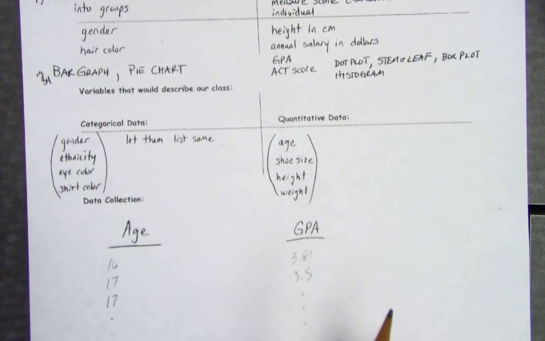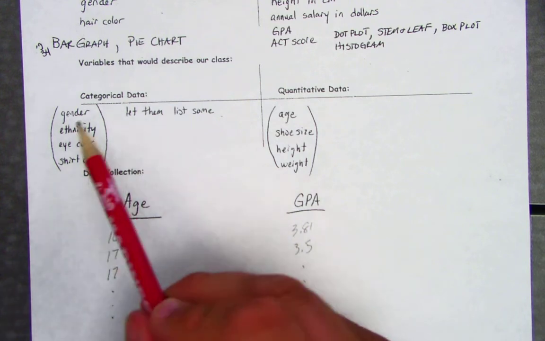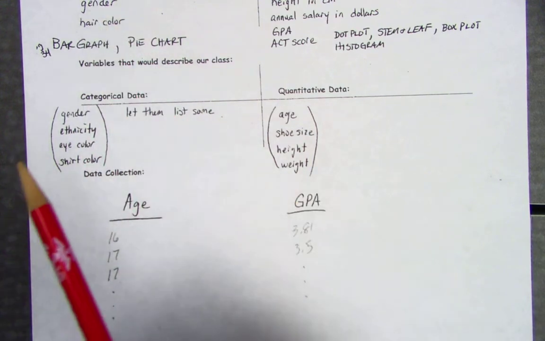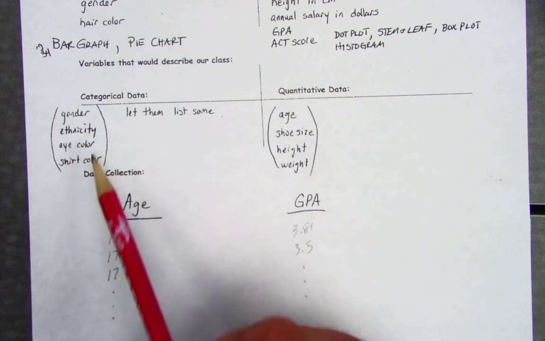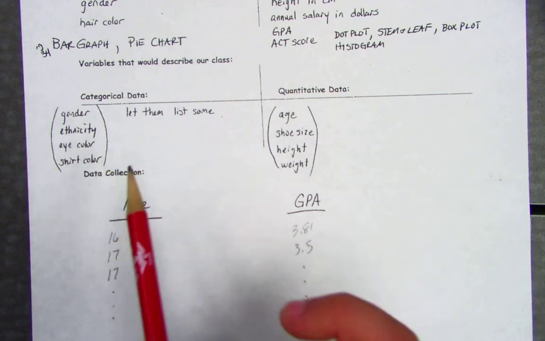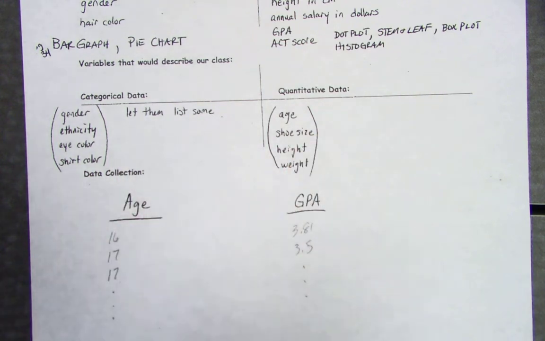Now below, if we were in class doing these notes, I would say, let's list some categorical data that we could gather from our class. Some people might say gender or hair color, like we had above, or maybe eye color, colors of people's shirts, ethnicity, those types of categorical data that place individuals into groups rather than using some kind of a numerical separation.